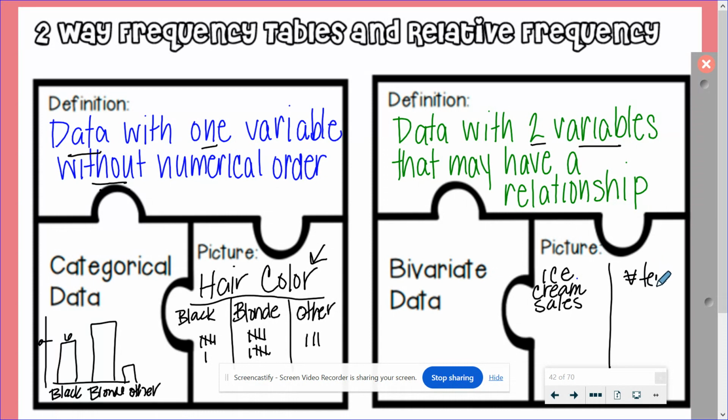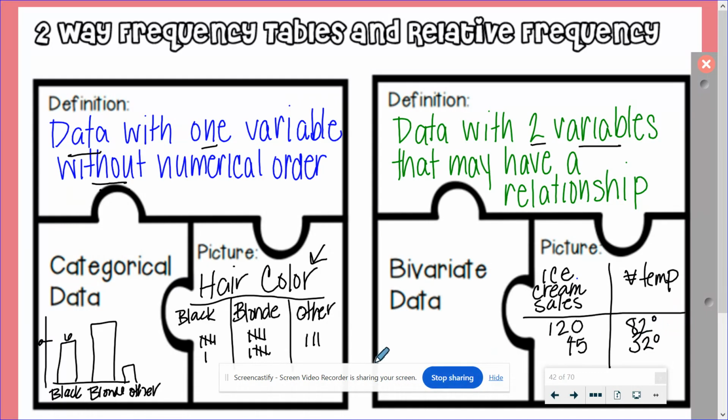So let's call that temperature. And so those are my 2 variables. And let's say that we see 120 ice cream sales when it was 82 degrees outside. And then another day there are 45 sales when it's only 32 degrees outside, and so forth.